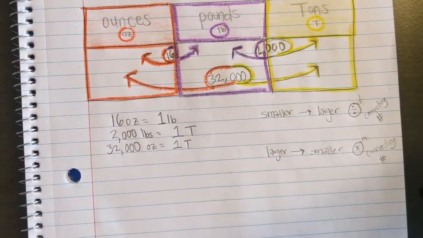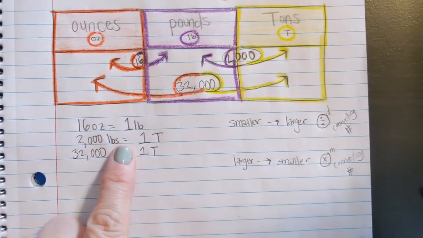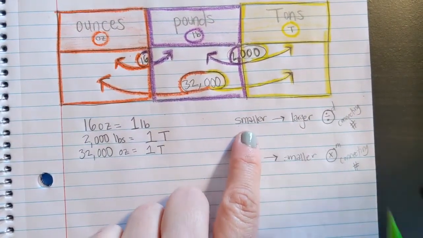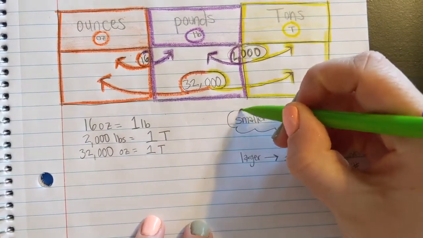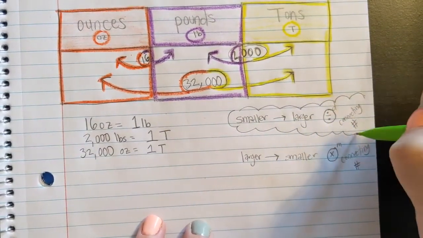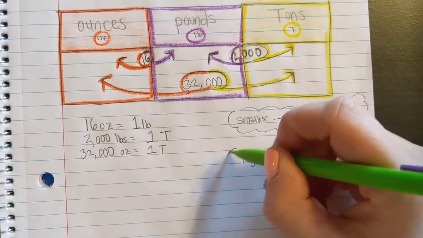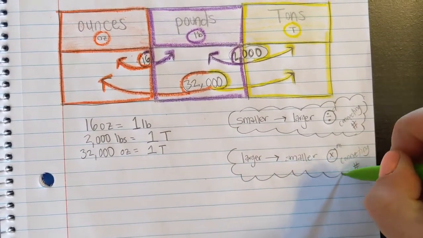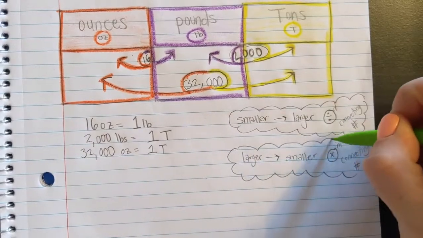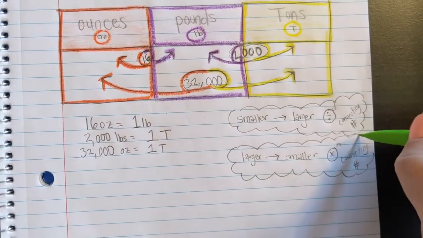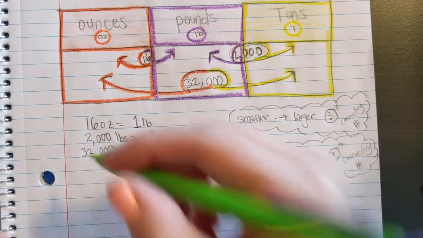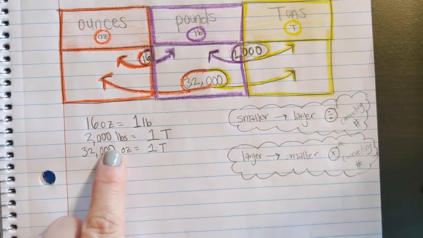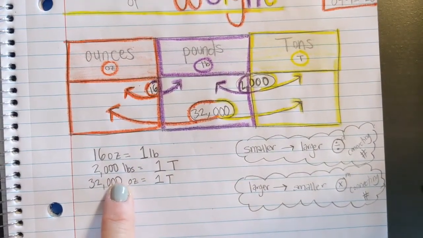So that is the information that you need to know, all of these connecting numbers, and you need to remember to go from something smaller to larger, you divide by the connecting number, and to go from something larger to smaller, the opposite, you're going to multiply. So this is just like doing the conversions that we've done before, only you need to know exactly what the connecting numbers are. And this information right here tells us what the connecting numbers are.